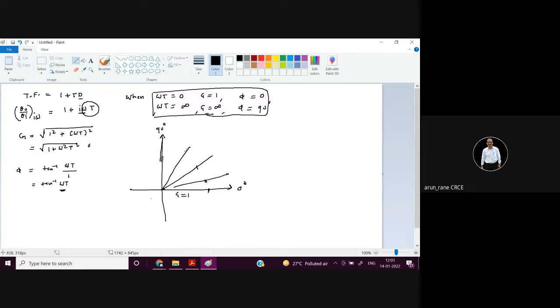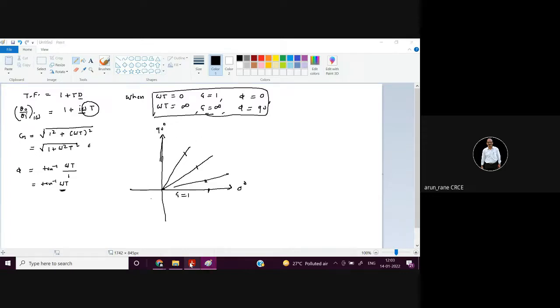Okay, G like this. And when phi approaches 90 degree, that is this, the G goes to infinity. So G goes to infinity means it will go like this.